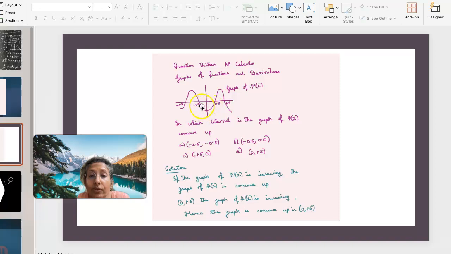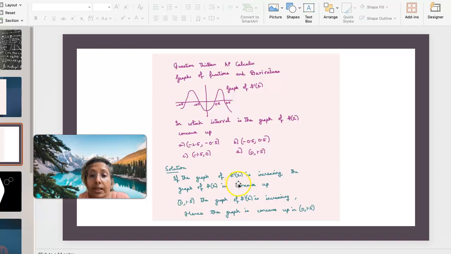Minus 0.5 to 0.5, it's decreasing and increasing. Minus 1.5 to 0, again it is increasing and decreasing, but 0 to 1.5, it is only increasing. So it is concave up in the closed interval 0 to 1.5.